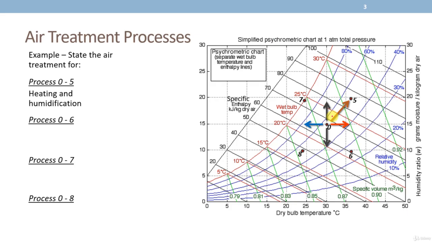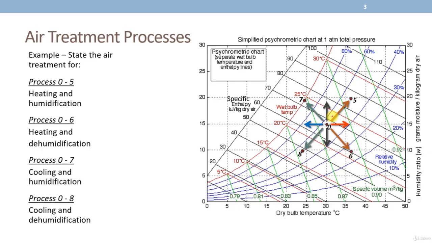Of course 0 to 6 is a combination of moving right and downwards. Move to the right is sensible heating and moving downwards is dehumidification. 0 to 7 will be sensible cooling and humidification, and finally 0 to 8 is cooling and dehumidification.